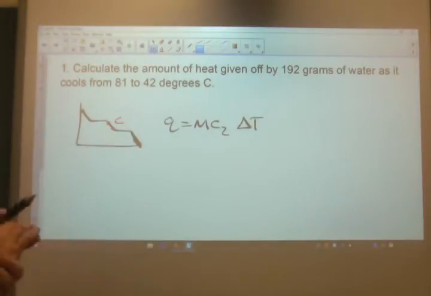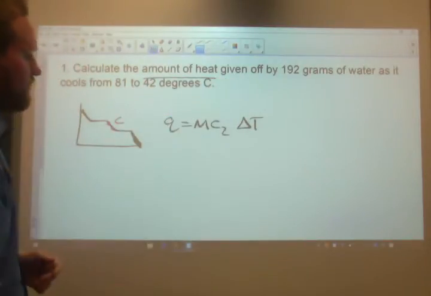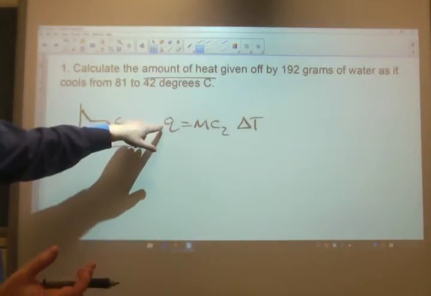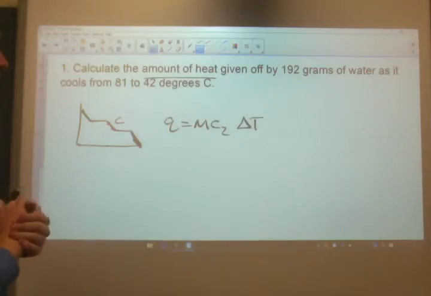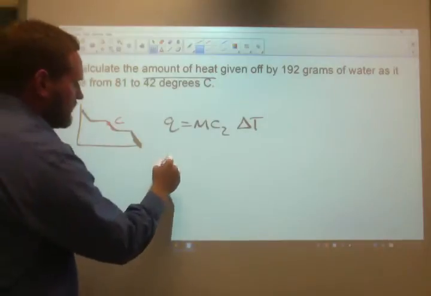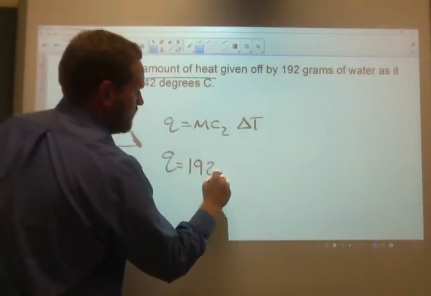So this is the only formula I need, and we're looking for the amount of heat, which is Q. I accidentally put the lowercase q. I believe it should be uppercase, but in this context it really doesn't matter. So Q is mC2 delta T. Let's plug in our values. Q equals, mass is 192 grams.